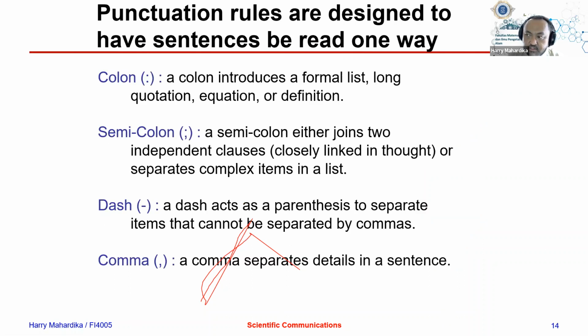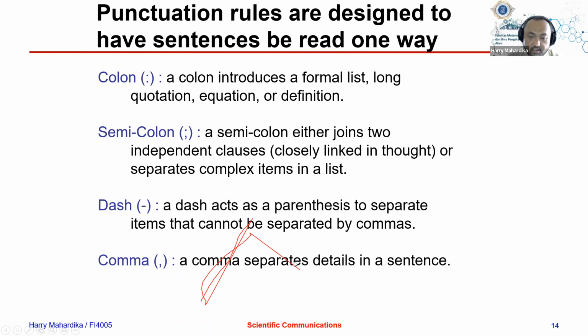But rules, the common rules as given here: A colon introduces a formal list, long quotation, equation, or definition. A semicolon either joins two independent clauses or separates complex items in a list. A dash acts as a parenthesis to separate items that cannot be separated by commas.